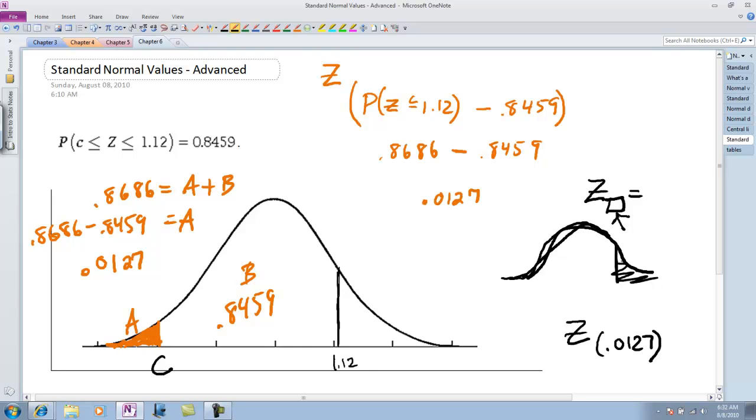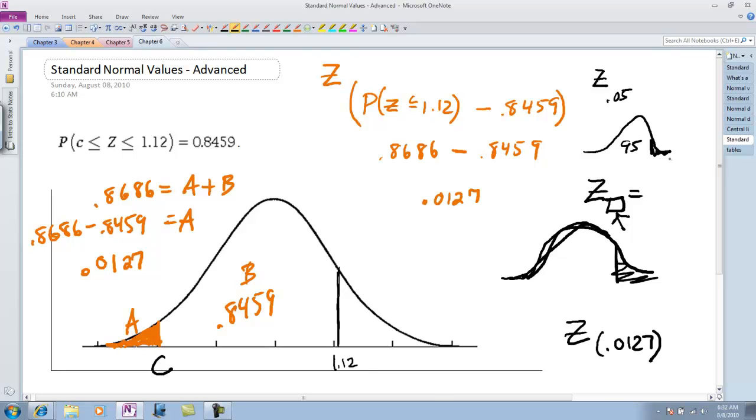What Z value has that amount to its right? That amount right there. So if I put in Z of 0.05, it would find for me the Z value that leaves 5% on top and 95% on the bottom.